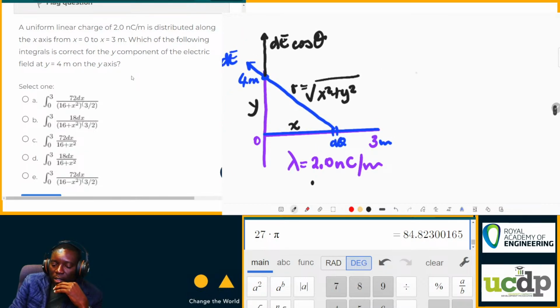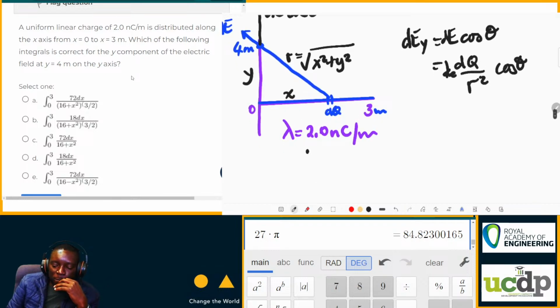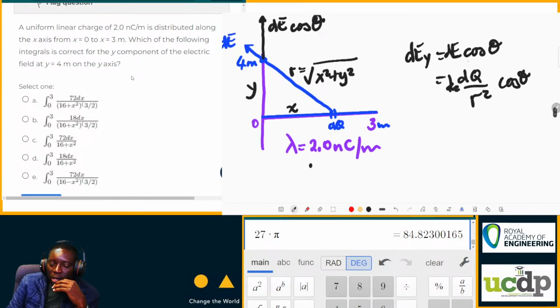So the component in the y, dEy, equals dE cos theta, which is equal to Ke dq over r squared, times cos theta. Remember we know our expression for the electric field is Ke q over r squared. So I'm just replacing q with dq in that expression.